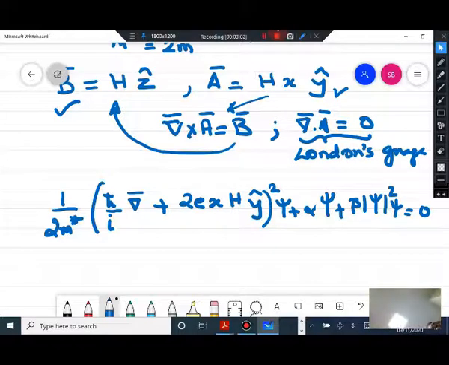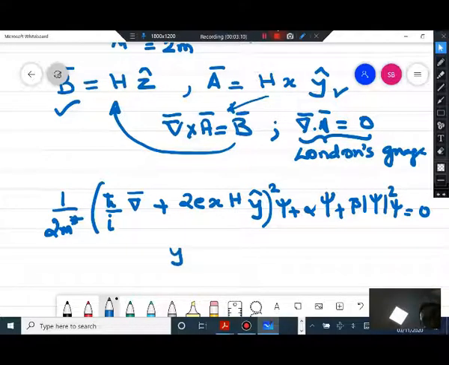You can simplify this further by opening out the brackets. y cap dot del will give you del by del y.